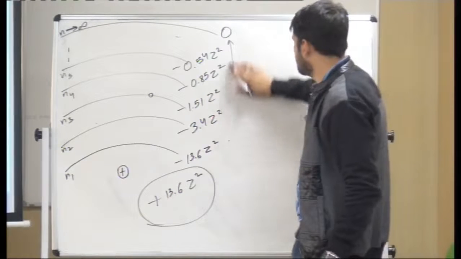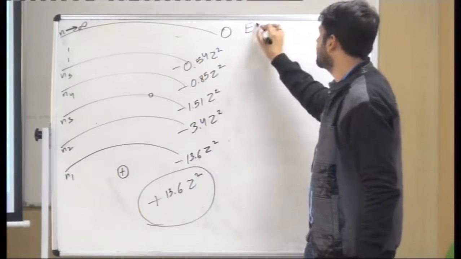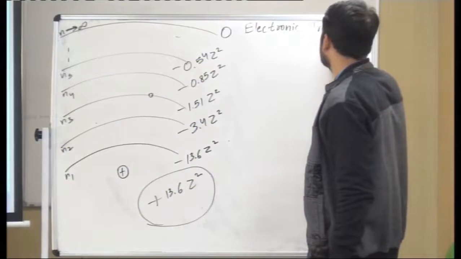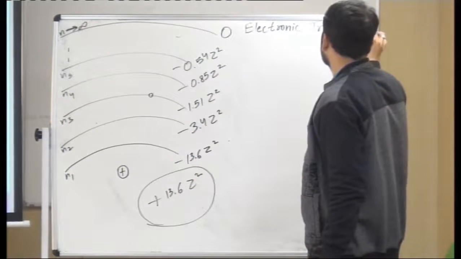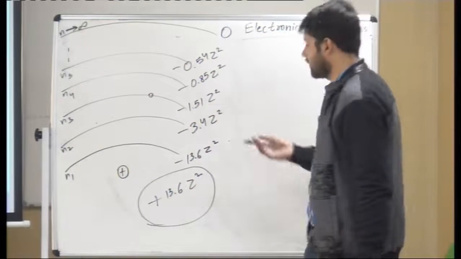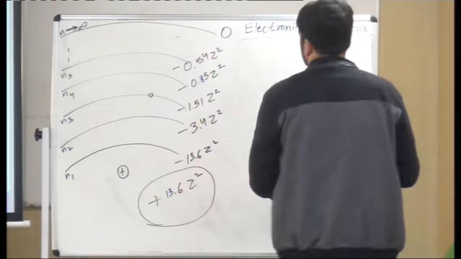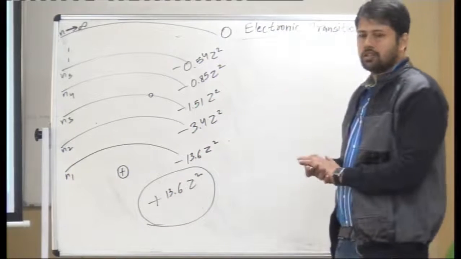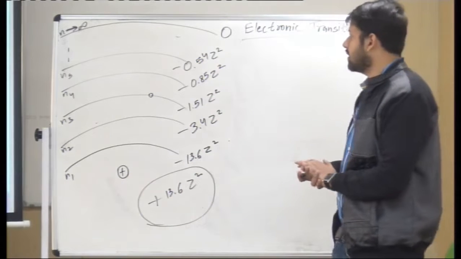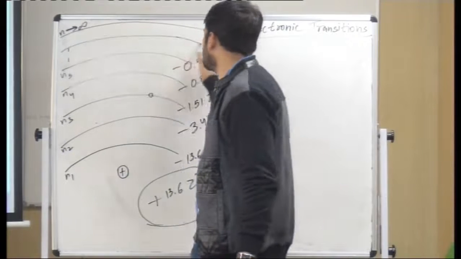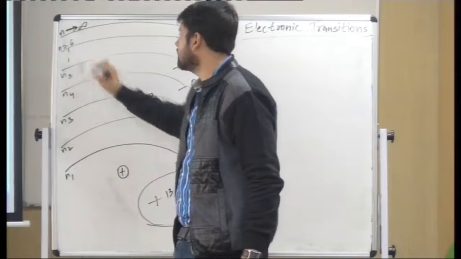Now, again, electronic transitions. Let's check these out. From this was 5, I'll draw one more, 6 orbit as well.